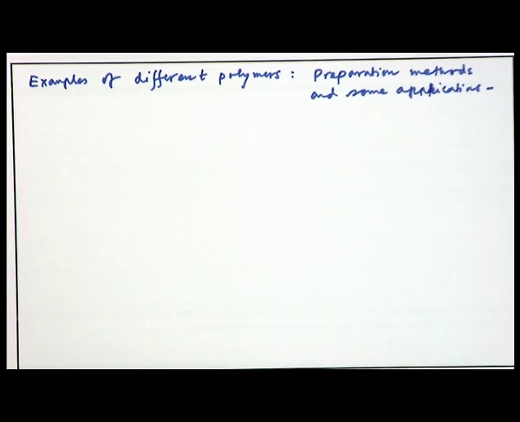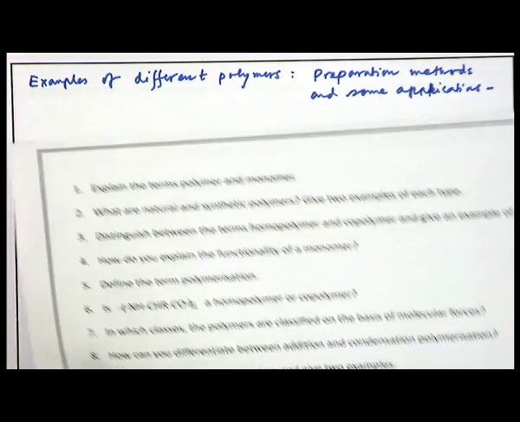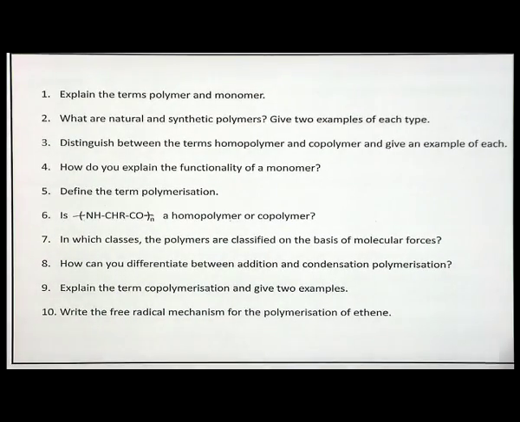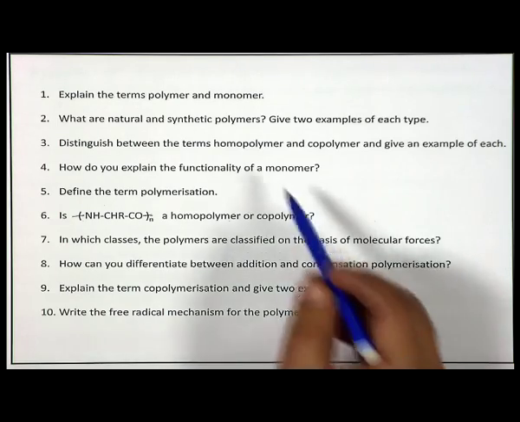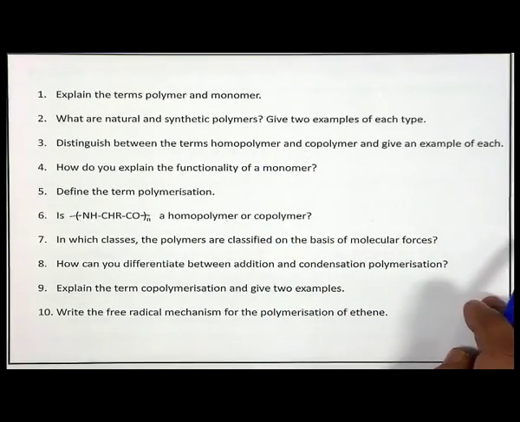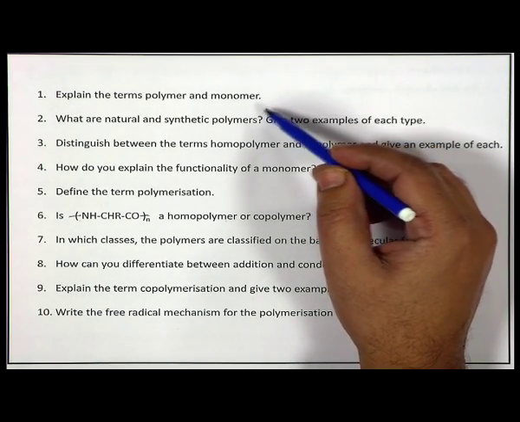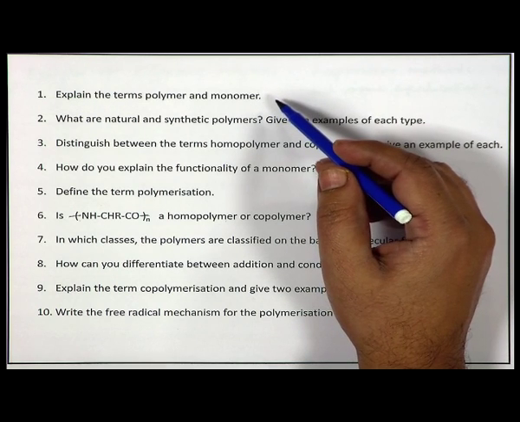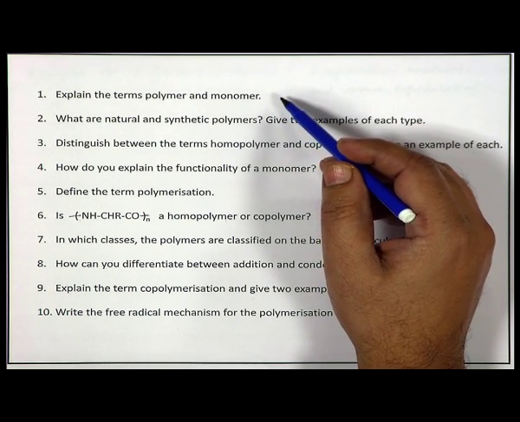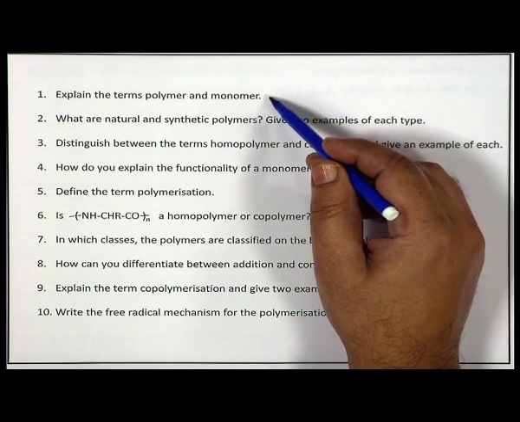Now, before I go into that, I just wanted to discuss a few questions we had read. These are questions from your NCERT book. I just copied them, and I want to discuss a few. The first question is: explain the terms polymer and monomer.